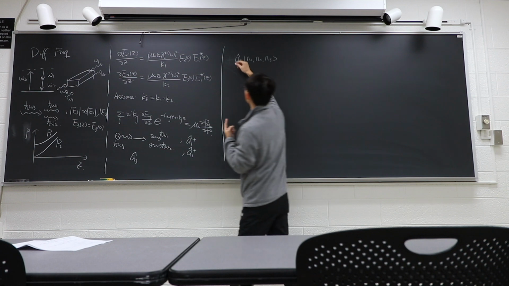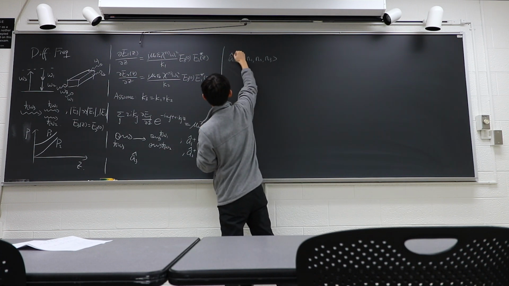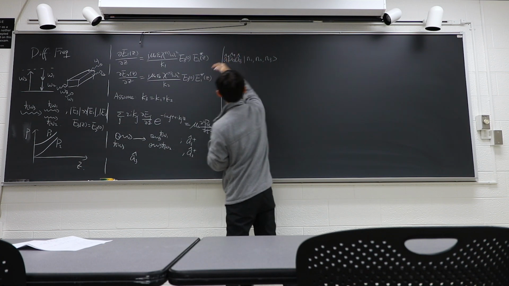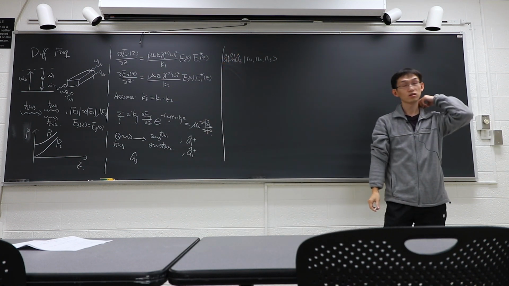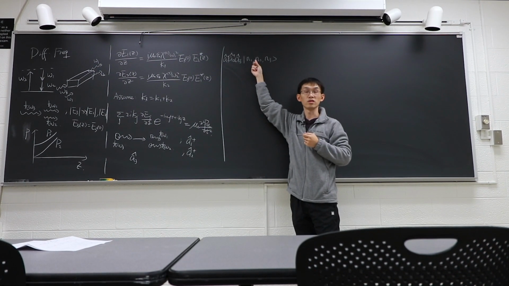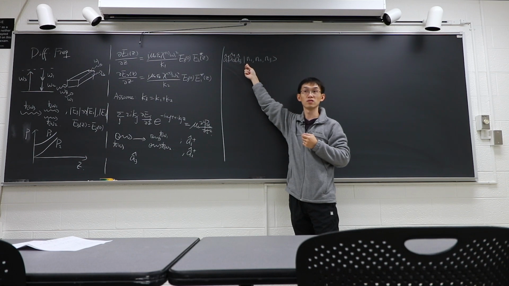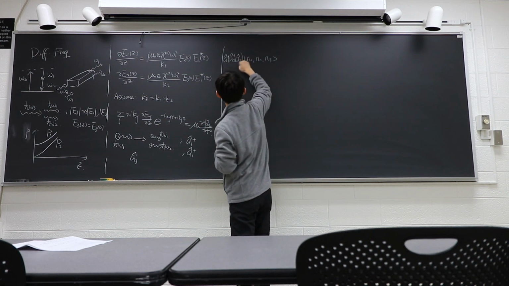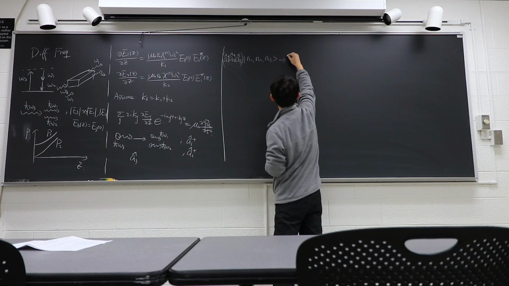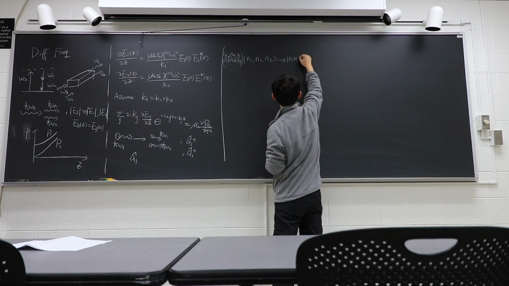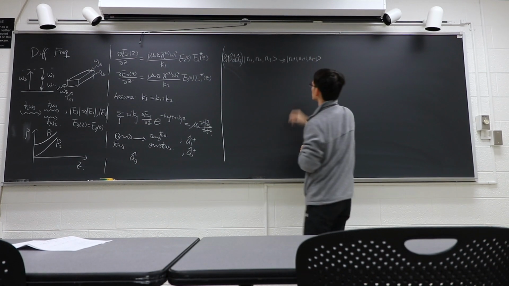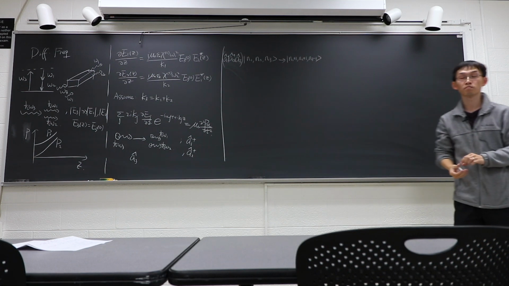And then you create a photon at omega 2 and create another photon at omega 1. So after this operation, there's some normalization factor, but these states become this.